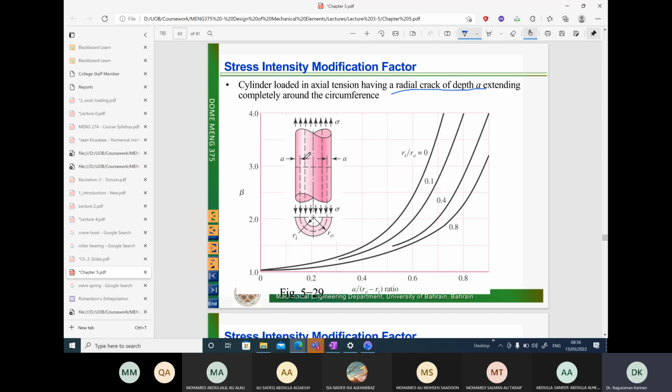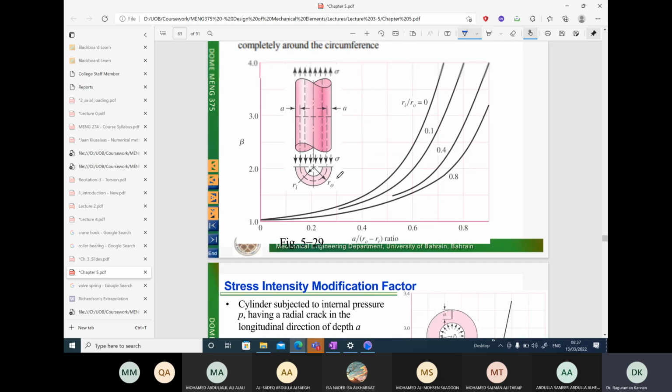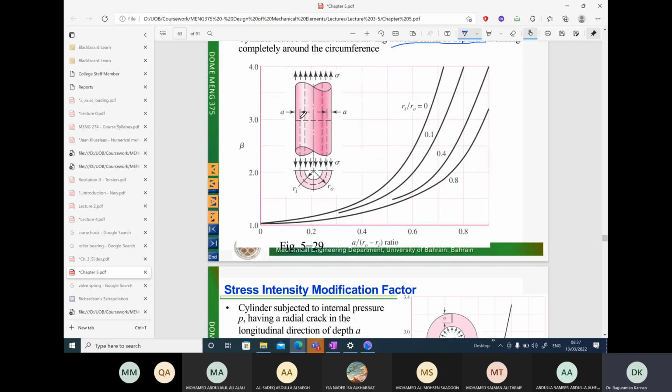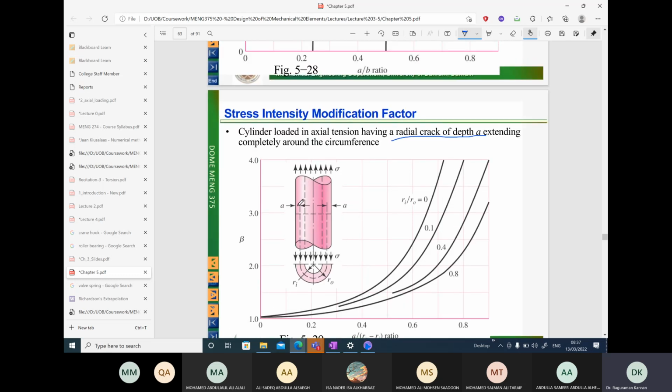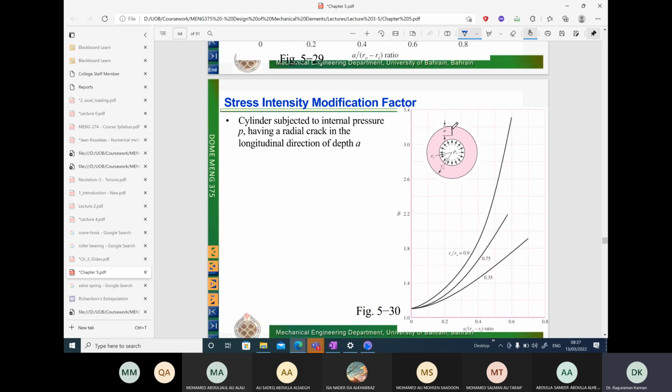So you have radial cracks of a particular depth, and in that case you will use this particular graph. Here the direction of the crack is in the axial direction at a particular radius. On the other hand, the direction of the crack here is radially located.